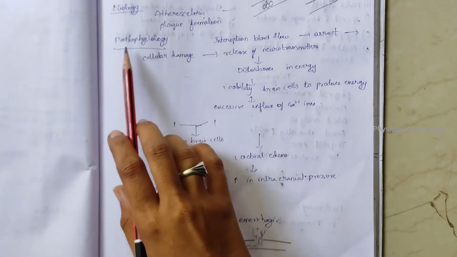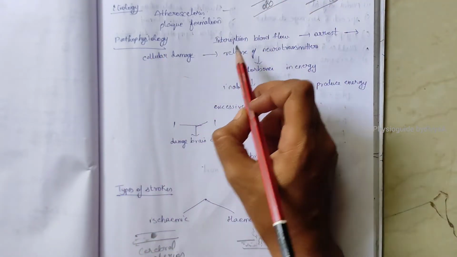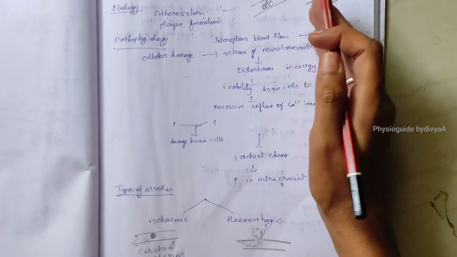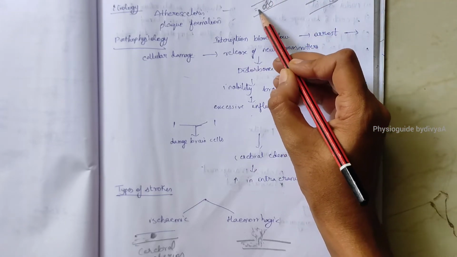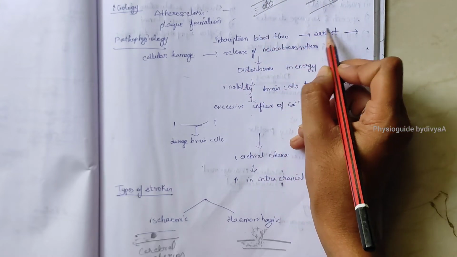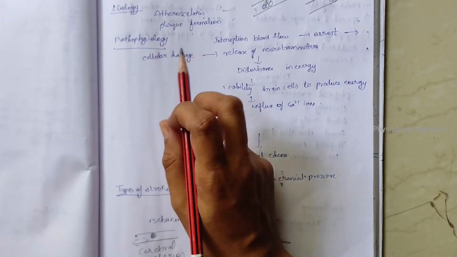Now we'll see the pathophysiology, step by step, of how stroke occurs. First of all, there is interruption of blood flow. Next, for a few minutes there will be interruption of blood flow here. As a result, complete cerebral circulation will get arrested. Next, cellular damage is seen.